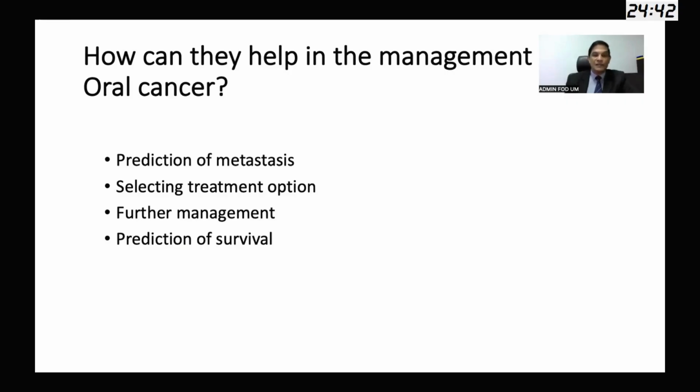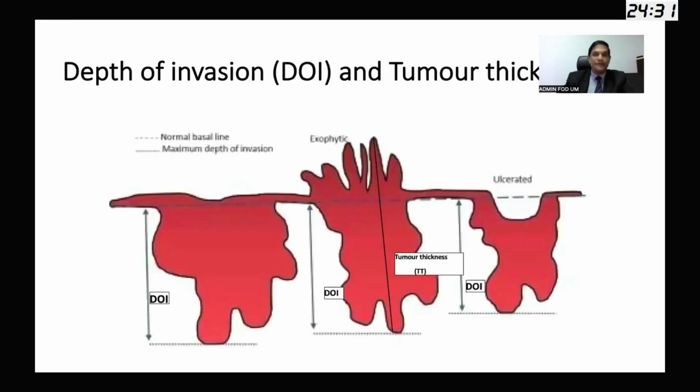And of course, as I alluded to you earlier, prediction of survival can be made to a fairly accurate extent by looking at histopathological parameters. Now we look at some of the histopathological parameters in a little more detail.